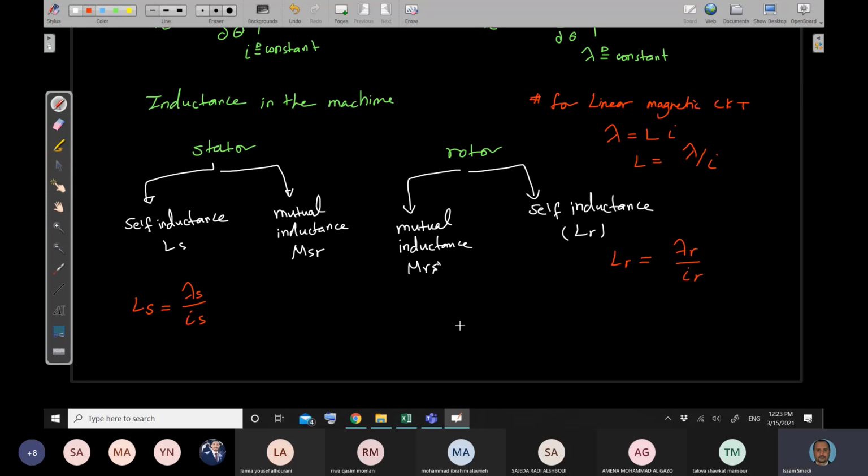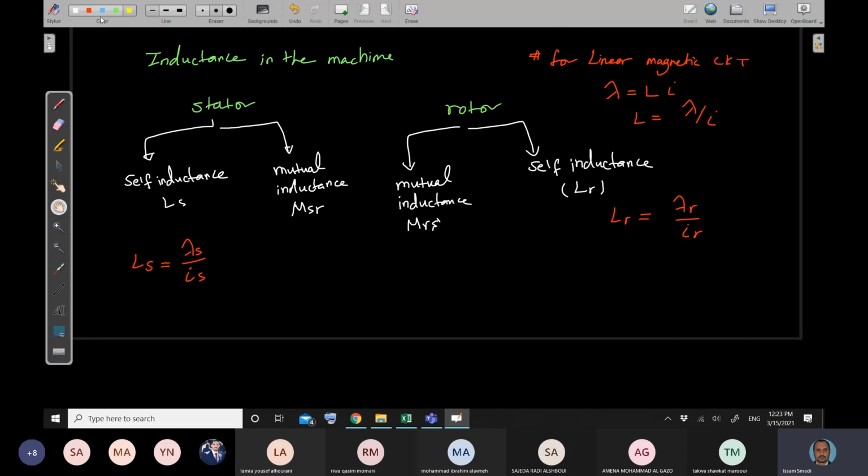Now for the mutual inductance, I have two options, because MSR is equal to MRS. The mutual inductance between the stator and the rotor is equal to the mutual inductance between the rotor and the stator. So I can measure or calculate the mutual inductance in two ways.